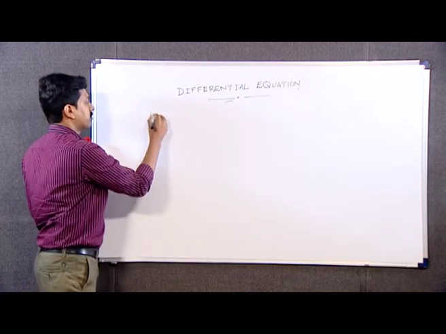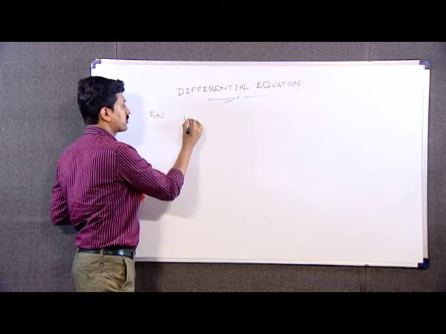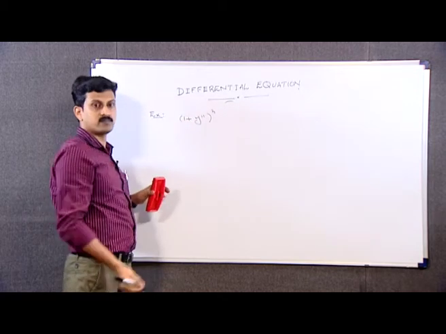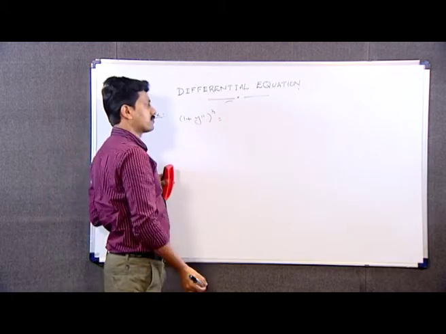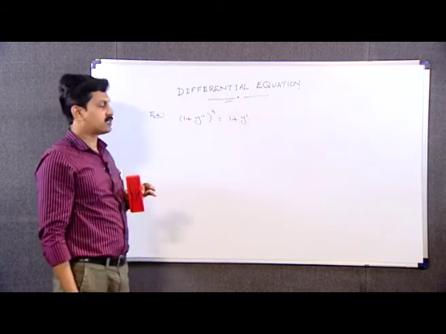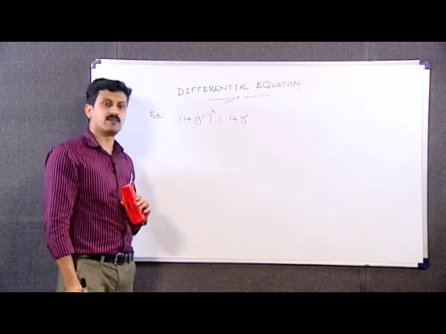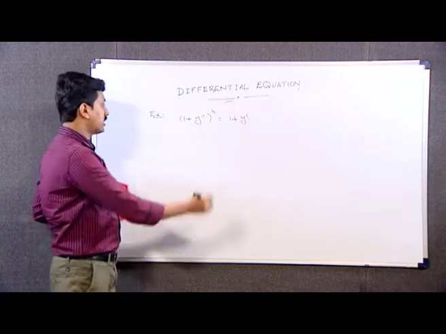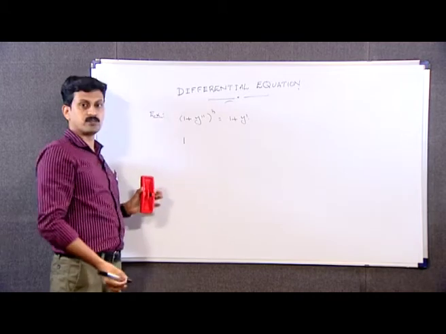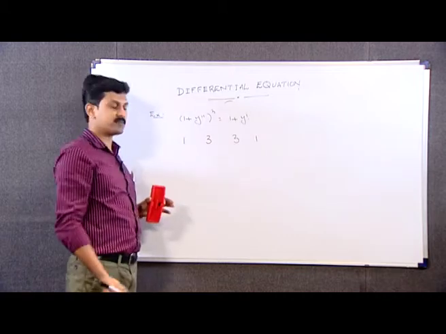See, the next example is (1 + y'')^3 = 1 + y'. What about the degree of this differential equation? We can expand this like (a + b)^3, with coefficients 1 3 3 1.